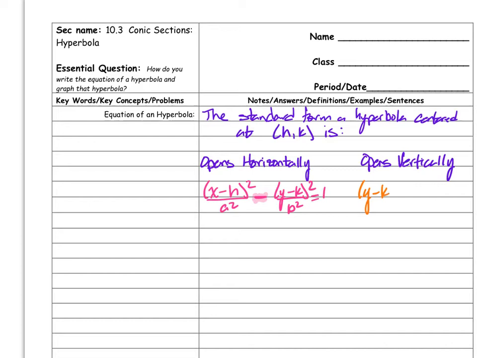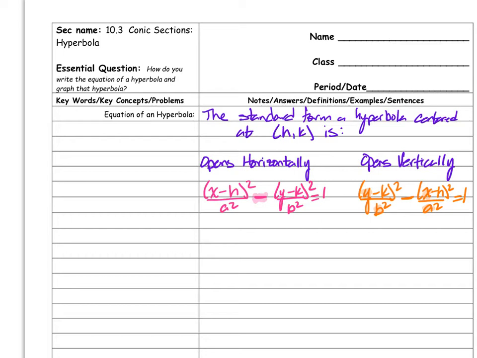(y minus k) squared over b squared minus (x minus h) squared over a squared equals 1. So now if you look, if it opens vertically, the y comes first, and that's the big difference, the y and the b. And I do want to make sure that you're aware of the b. Look, the b is always with the y, and the a is always with the x.